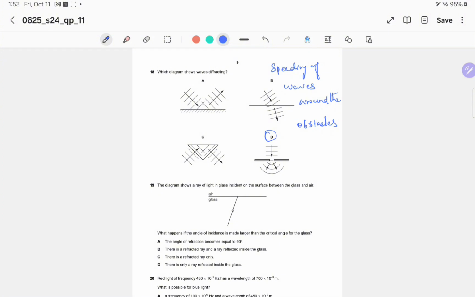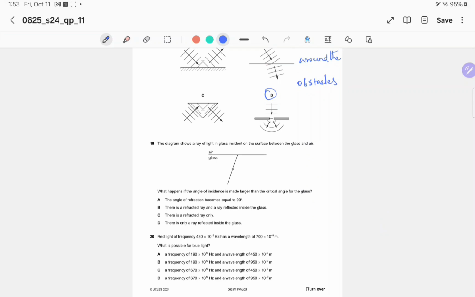19th question. The diagram shows a ray of light in glass incident on the surface between the glass and the air. What happens if the angle of incidence is made larger than the critical angle for the glass? If it is larger than the critical angle, the light will not be refracted outwards.